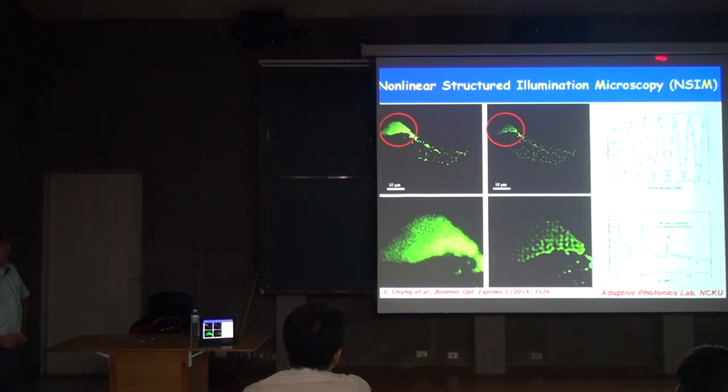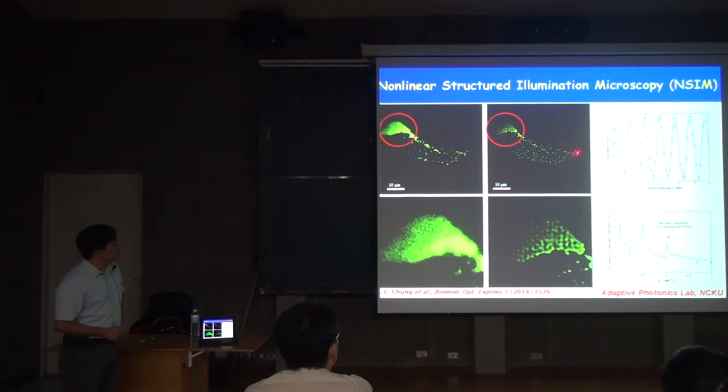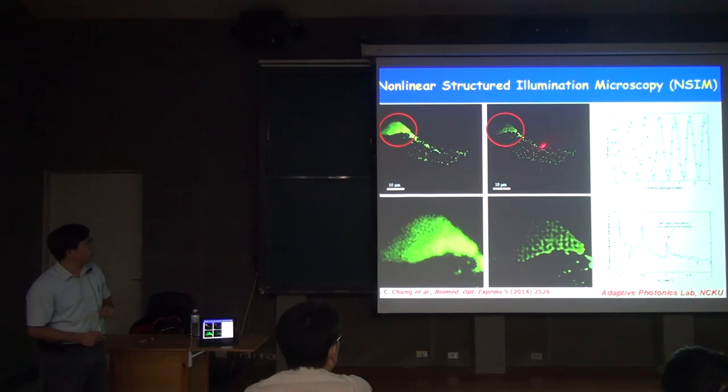But with the nonlinear structured illumination microscope, based on our simulation calculation, we can improve it by about 2.5 times. So the resolution goes from 400 nanometer down to about 150 nanometer. So for this small nanoparticle of around 200 nanometer, you can distinguish the particle profile.